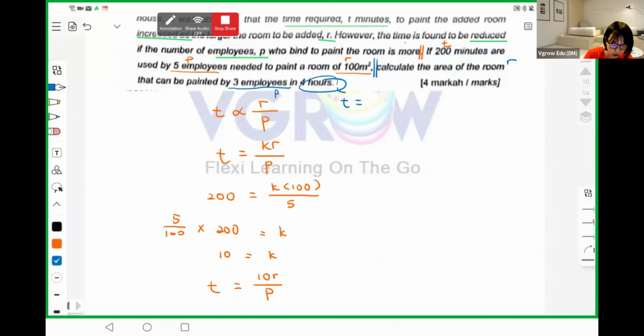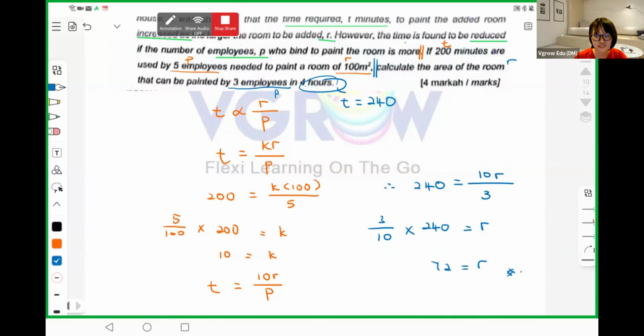T equal to 4 hours, 4 times 60, so you get 240 minutes. So 240 equal to 10R over P. So R equals 240 times 3 over 10. So R equal to 72.